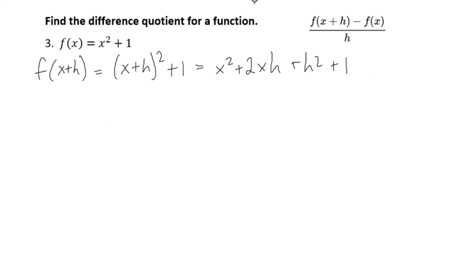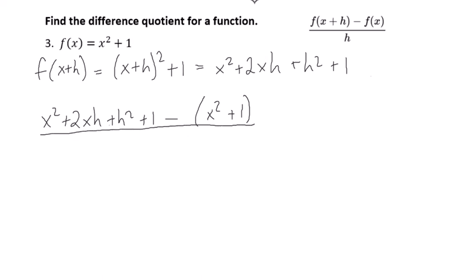All right, now that we have that, we can plug into our formula. So we have x squared plus 2xh plus h squared plus 1 minus our f of x, which is x squared plus 1, and all of that divided by h.